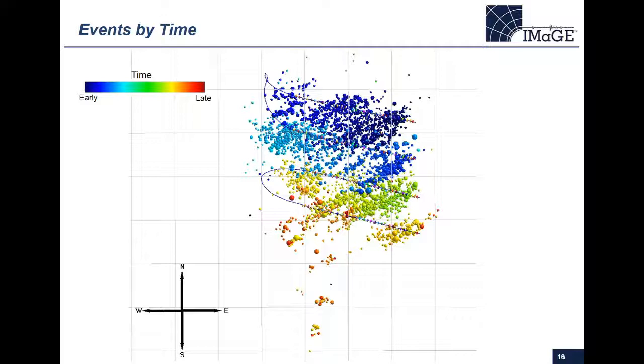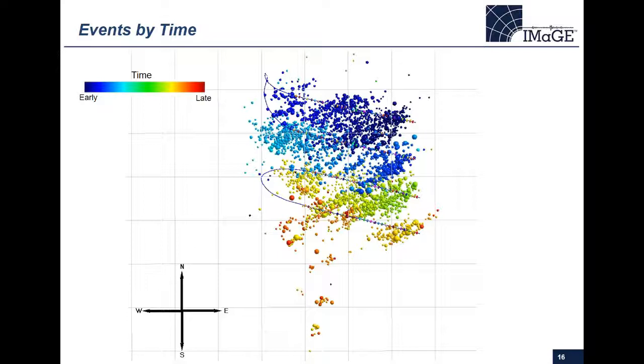So if we're able to get this amount of detail, which is fairly standard, having 4 or 5 stations out there, you can start to identify some lineations and structures that are being activated by your treatment. So in this case, you can see there's a lot of northeast to southwest structures that are being activated, and generally they are growing from the northeast to the southwest, and that's likely because we're treating the wells from north to south in this situation.